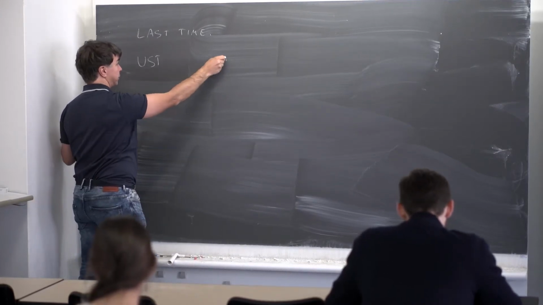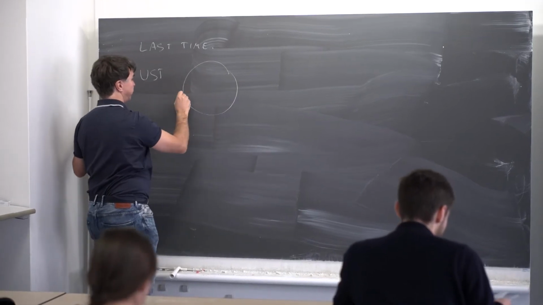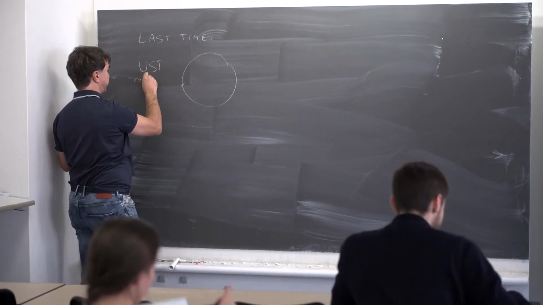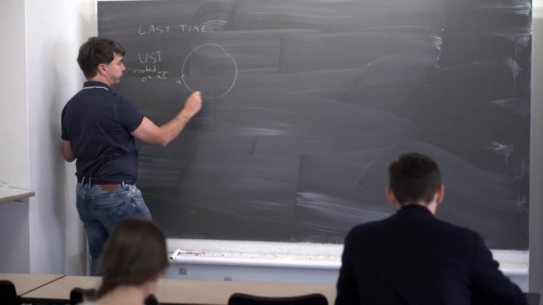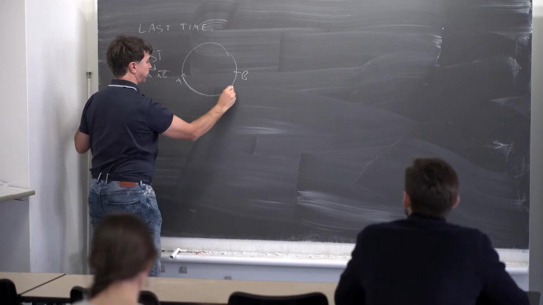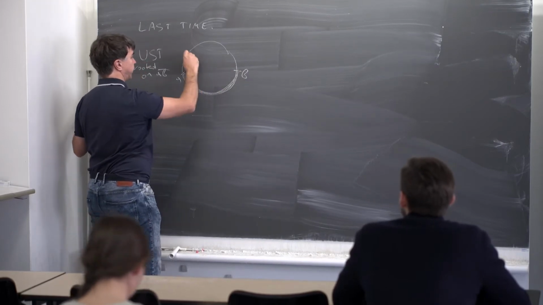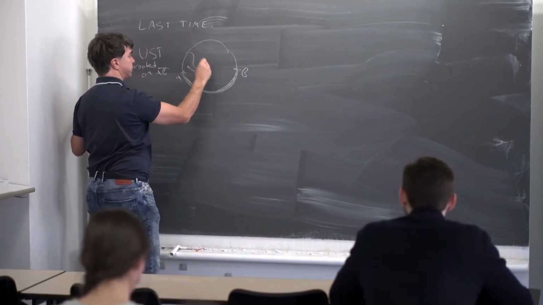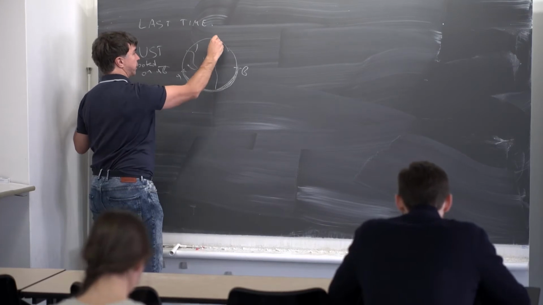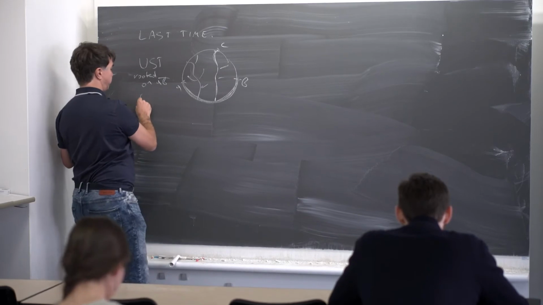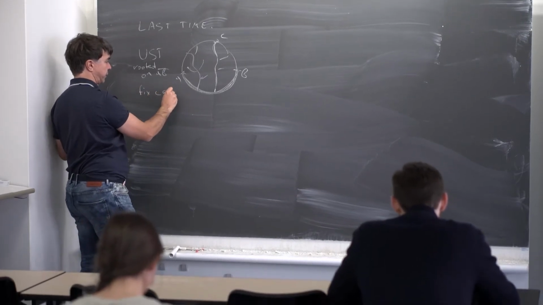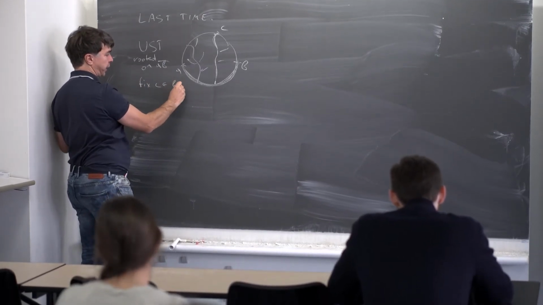If you take a uniform spanning tree rooted on the arc AB, it will look like a picture like that. And you fix C on the other arc from B to A.